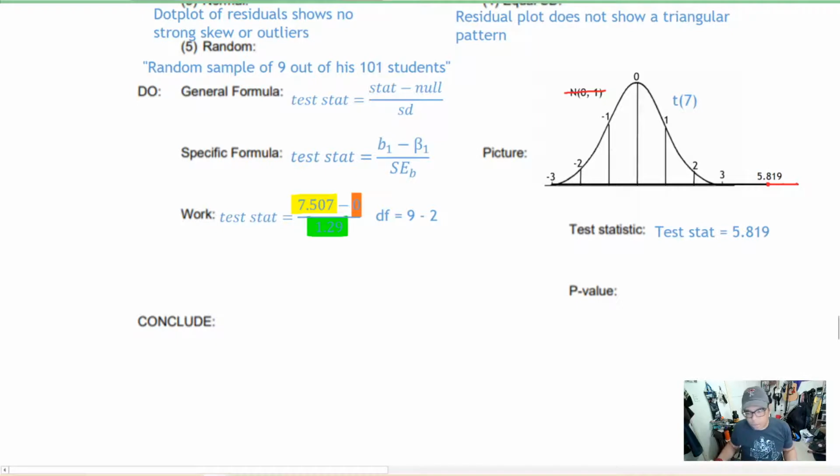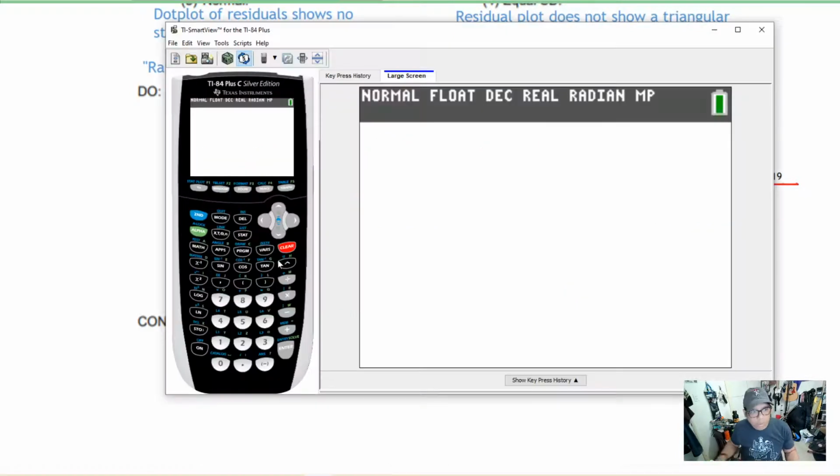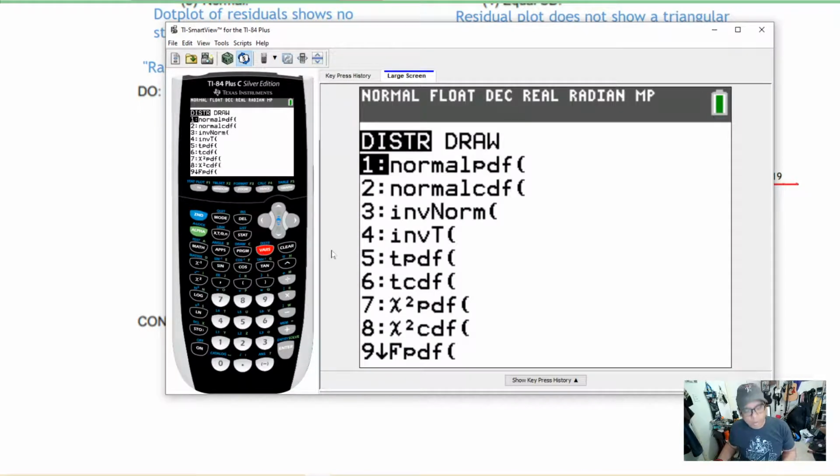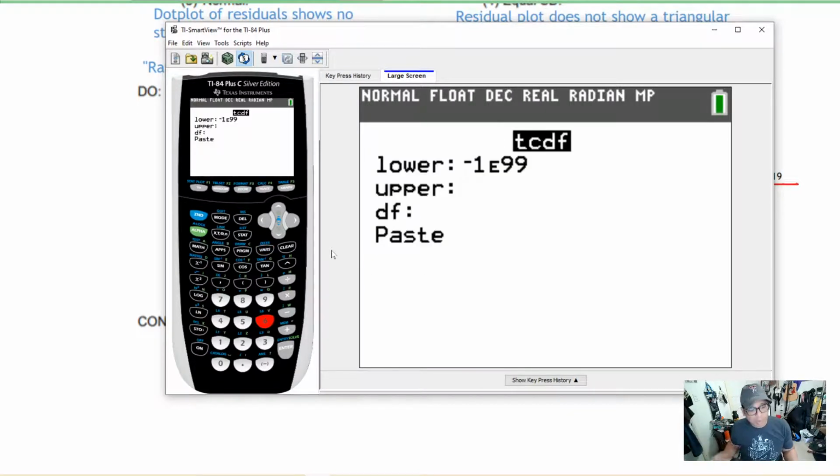Finally, we're going to compute our p-value using our TI calculator. We're going to get to our distribution menu. Then we're going to click over to TCDF, which is number 6. Our lower is going to be our test statistic, since we are looking for greater, as our alternative hypothesis says. We got a test statistic of 5.819.